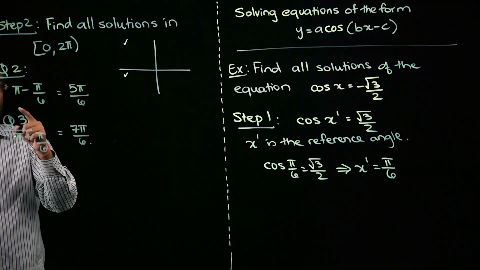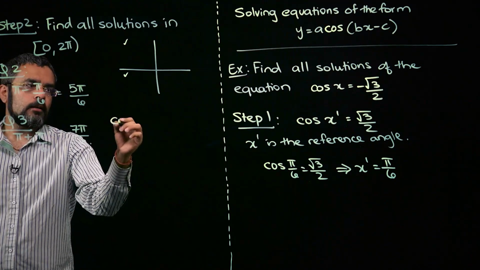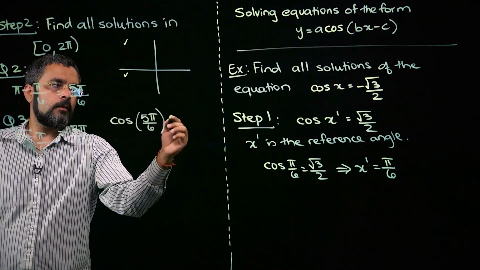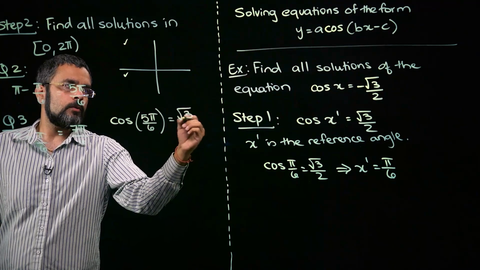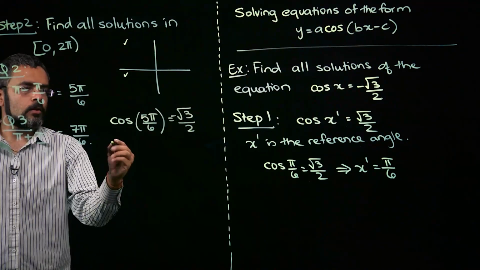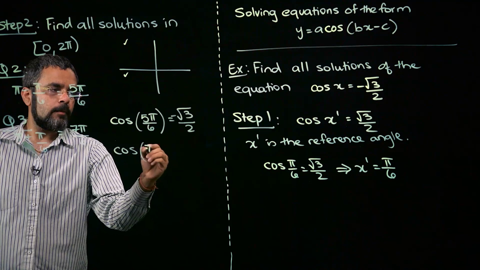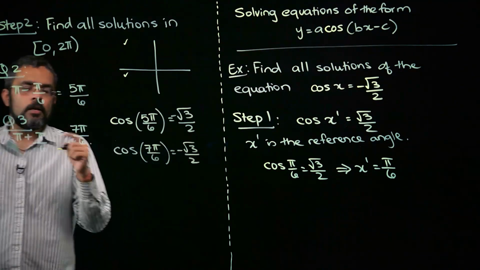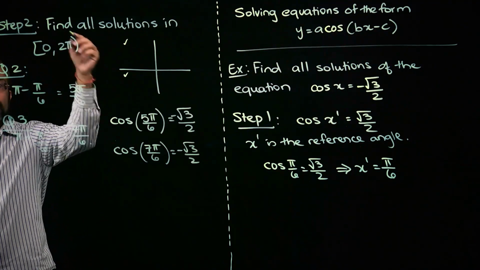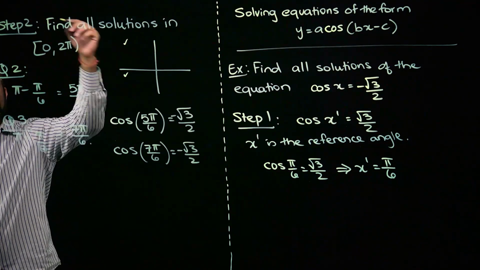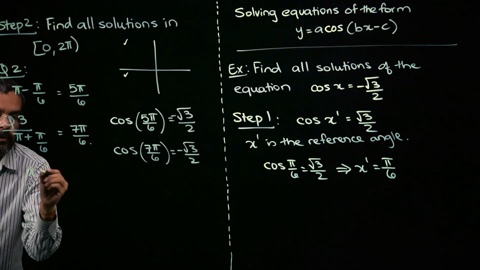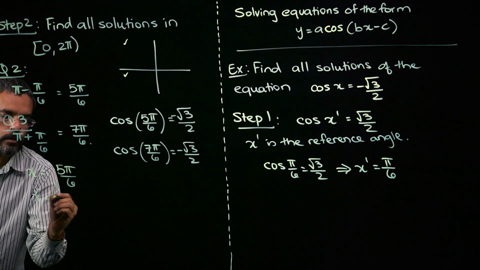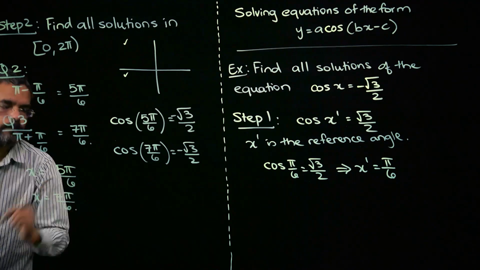So my solutions are cosine of 5 pi over 6 is negative root 3 over 2, and also cosine of 7 pi over 6 is negative root 3 over 2. So in this one cycle, or one period, or one revolution, I have x equals 5 pi over 6 and x equals 7 pi over 6.